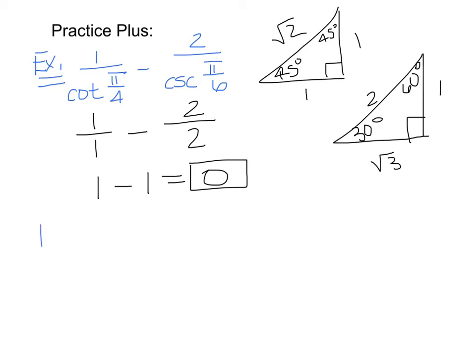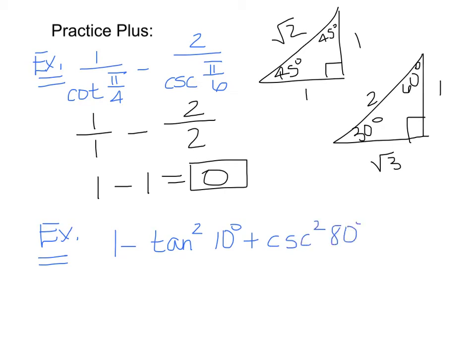And then you may have an example where we're using one of our identities. There are different ways you can do this, but I see that that's 80 and 10, and I know that that adds up to 90.